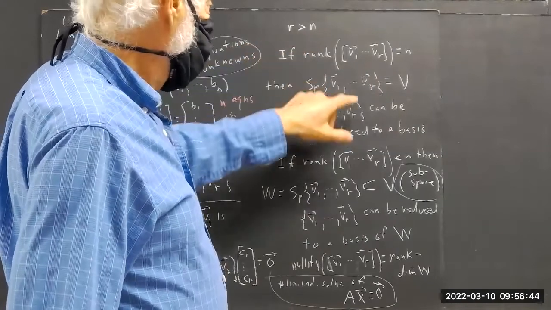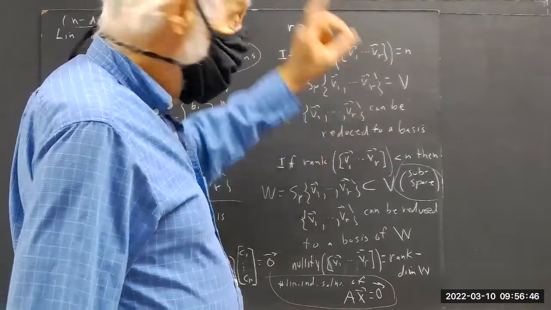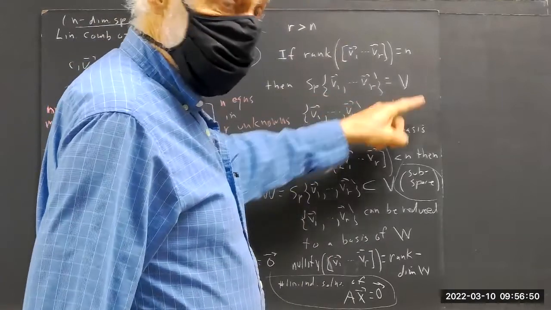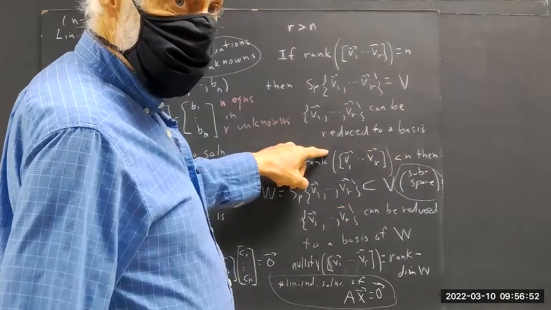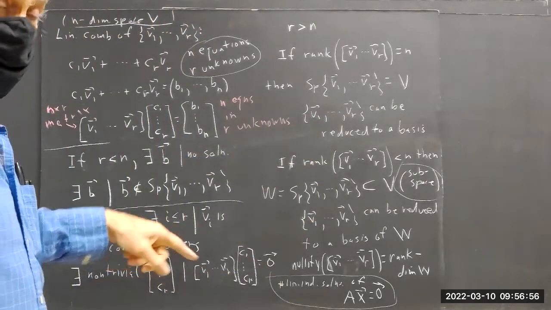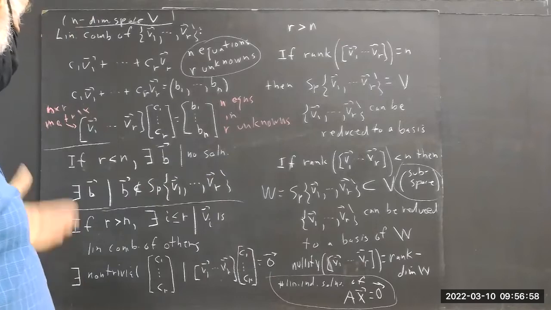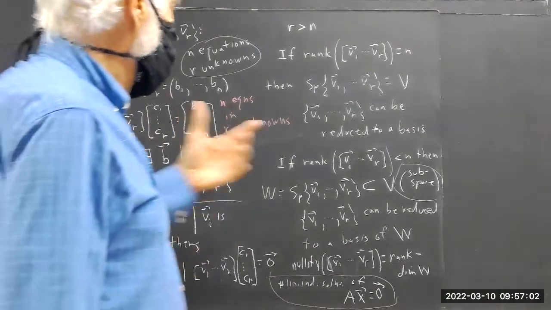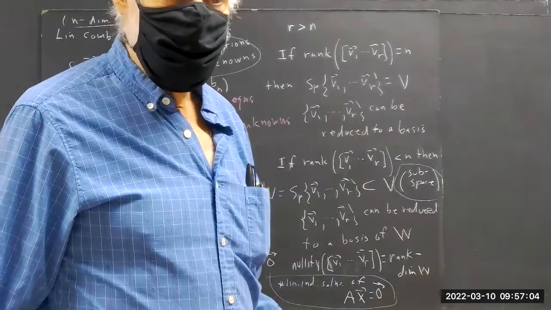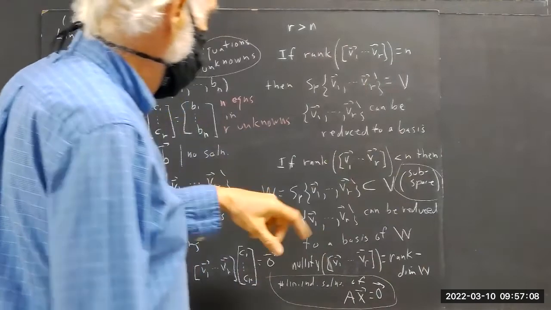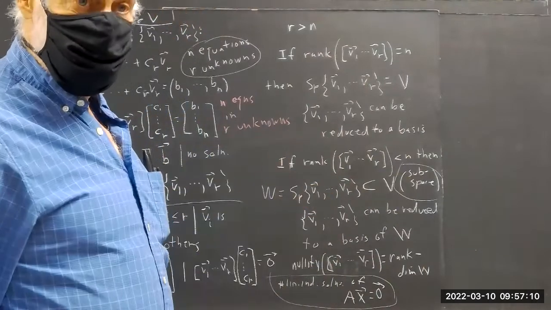If R is greater than n, you don't have a basis, but if this set spans V, you could reduce this to a basis. Just find an i such that Vi is a linear combination of the others, and throw it out.